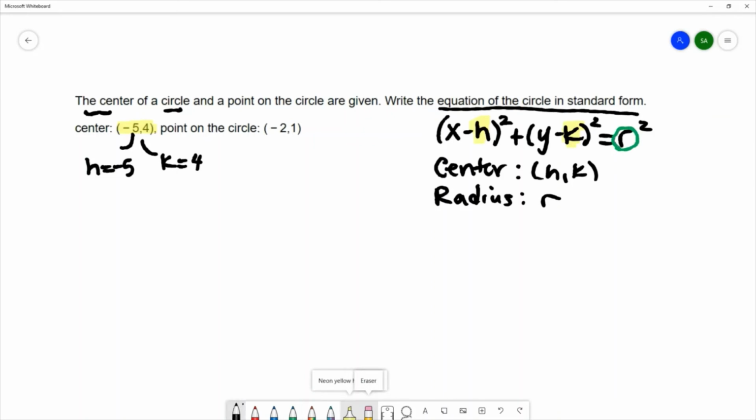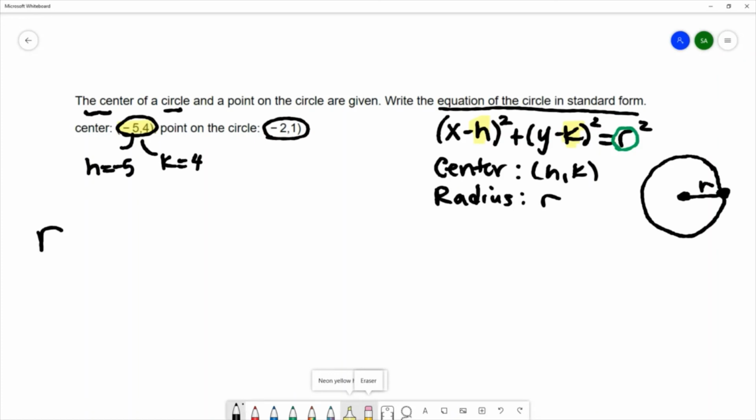The definition of a circle is that we have a center point, and all of the points on the circle have the same distance from that center point, and that distance is the radius. I know that the radius can be found by finding the distance between the center and any point on the circle. We were given the center and a point on the circle, so we should be able to calculate the radius.